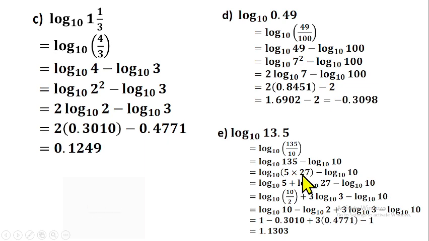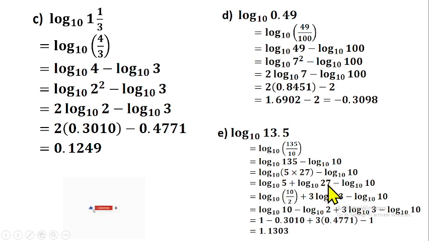Are we there? Although we are not, we don't know the value of log 5, we don't know the value of log 27, so you can still simplify them further. So this can be broken down, because of times, to log 5 plus log 27, minus log of 10 base 10. Then log of 5 can be broken down to log of 10 over 2, because 10 over 2 will give us 5.